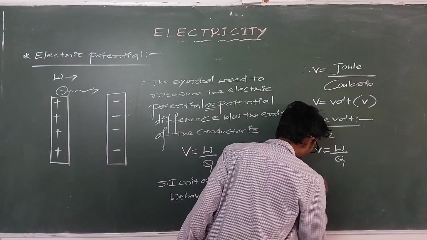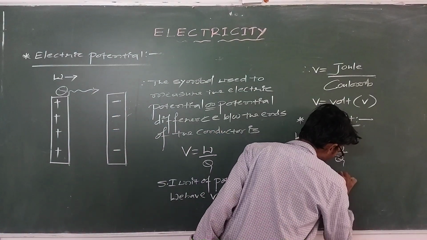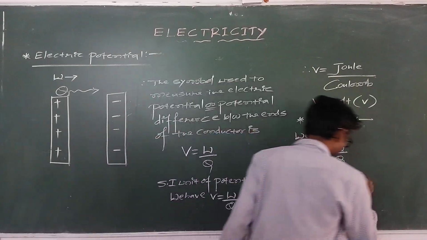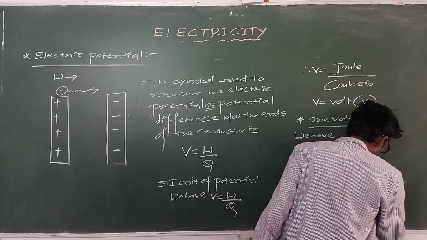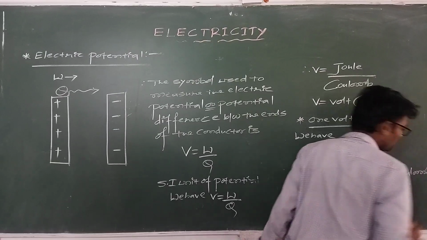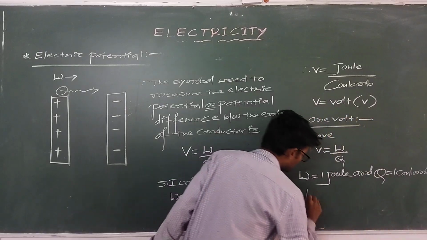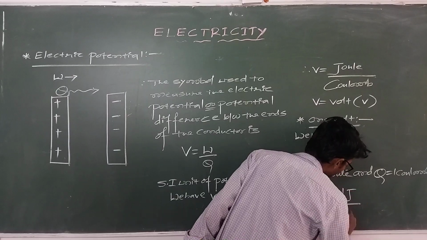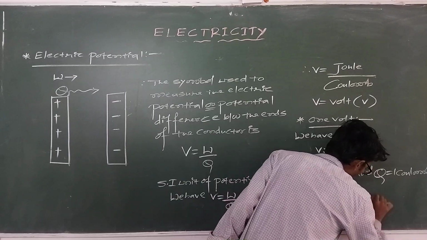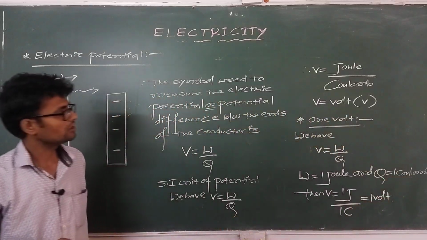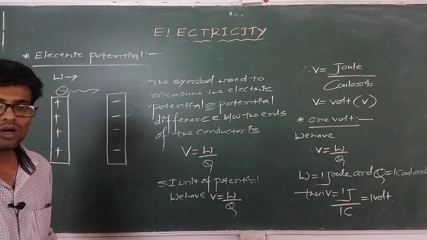Take work done equal to 1 joule and charge flowing equal to 1 coulomb. Then V is equal to 1 joule divided by 1 coulomb, which is 1 volt.